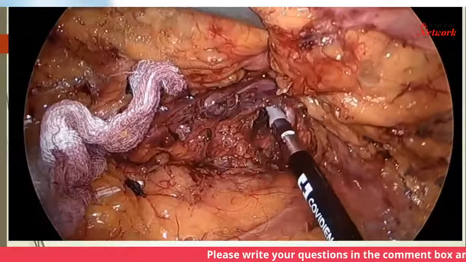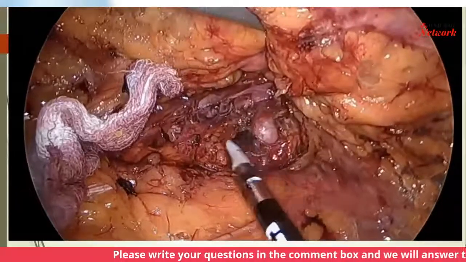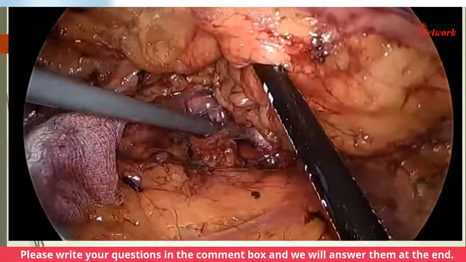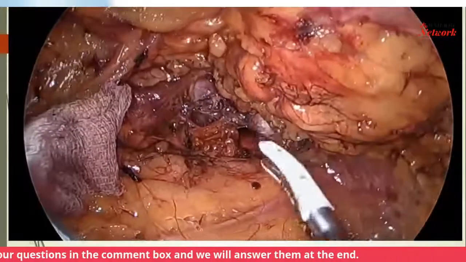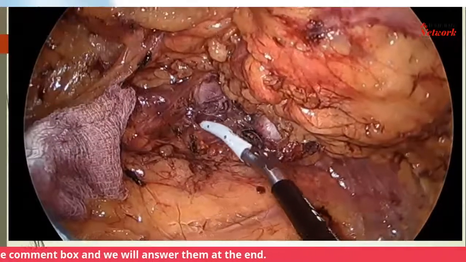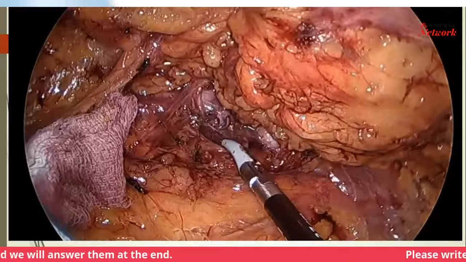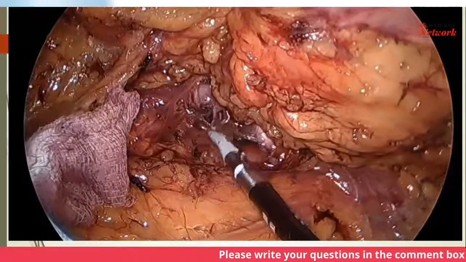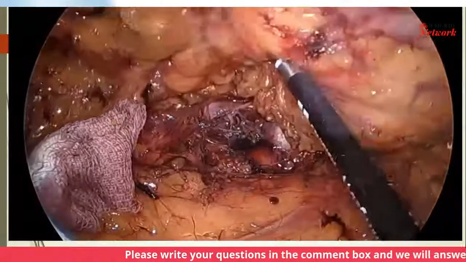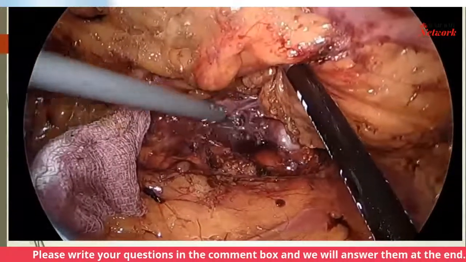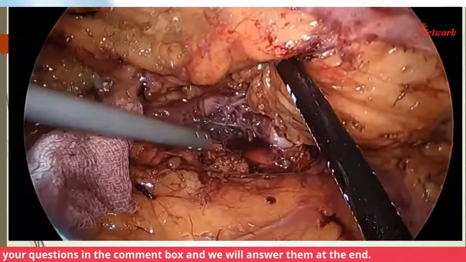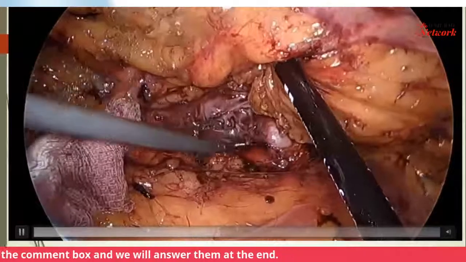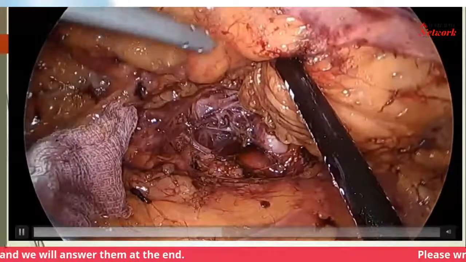Now, that's the artery being dissected, and then you're going to see the kidney vein, or the renal vein, in a minute. So the structures around the artery of the kidney are being dissected. Now we're going to go towards the vein. That bluish structure that you're looking at here, this is the renal vein.